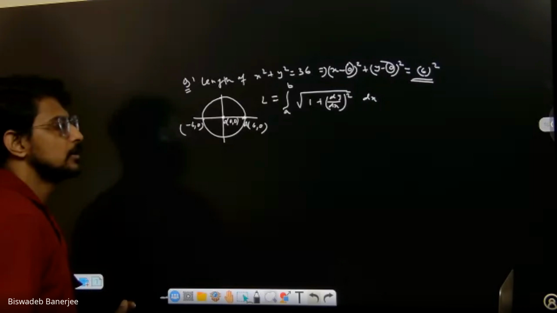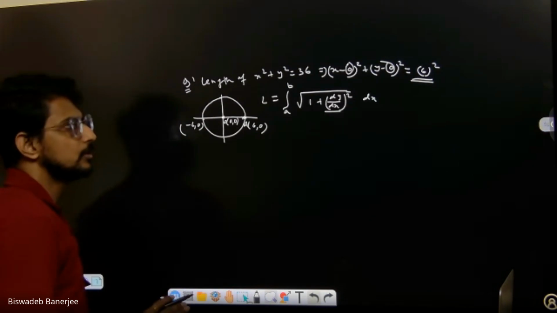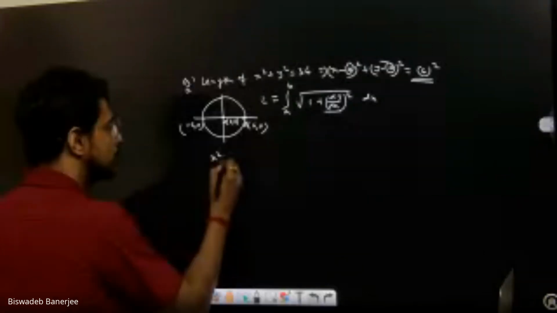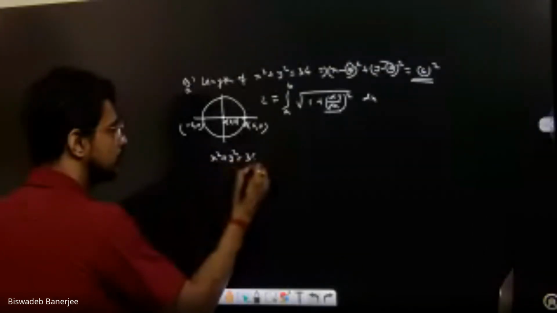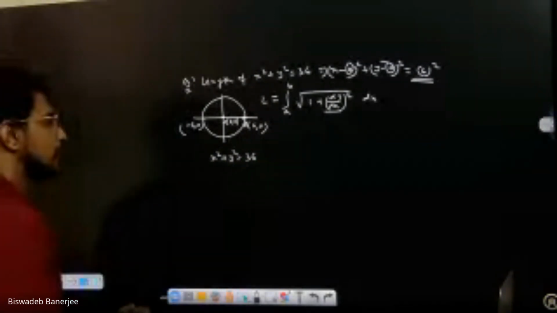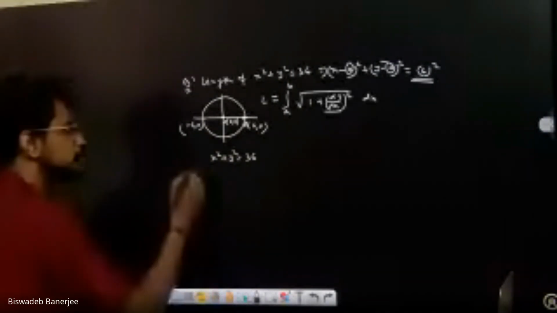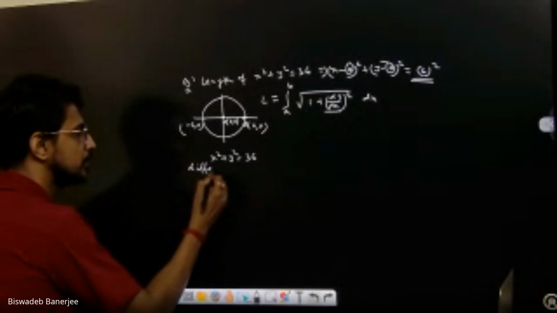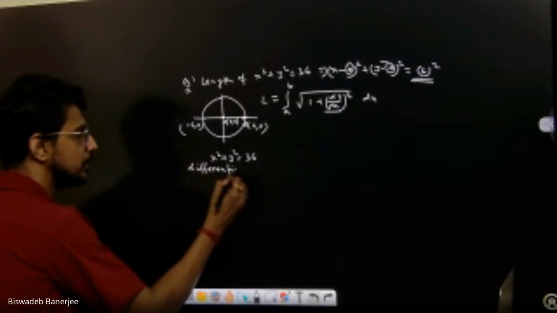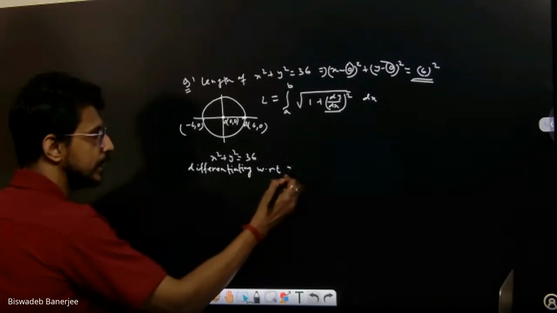That means we have to find out dy by dx. My curve is x square plus y square equal to 36. How to find dy by dx? Just differentiate both sides with respect to x.